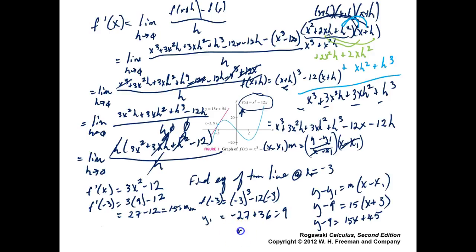So that would be y is equal to 15x plus 54. There's your equation of the tangent line. At least I sure hope so. Yep. Y is equal to 15x plus 54.